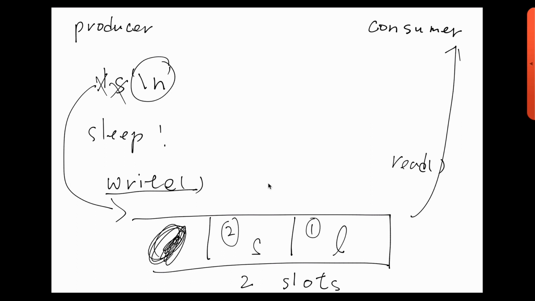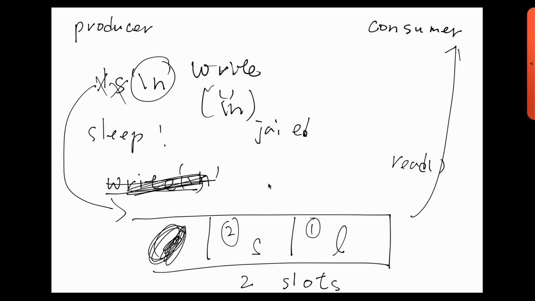I will use the write system call, which doesn't return, so that when they try to write the \n, it sucks. What is the input? It's a \n input. Write a \n, and this write call will get jailed in the kernel.